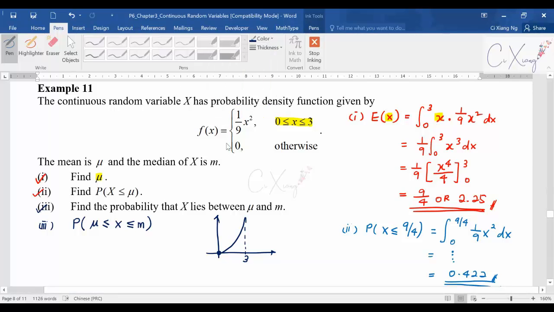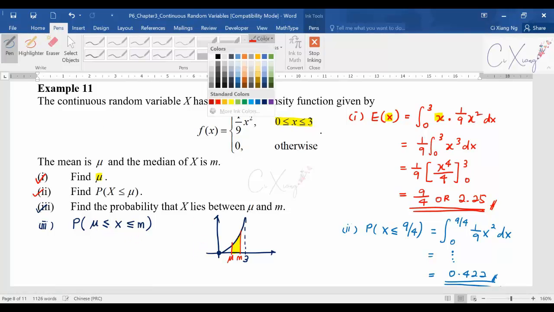If they want you to find out x is between the mean and the median, that means you should have a value something like this. You should have a mean like this, and then maybe this is the median, and this is the area that they want you to find out. Maybe I highlight it better. So the yellow color part is the area that they want you to find the probability, x between mu and m.